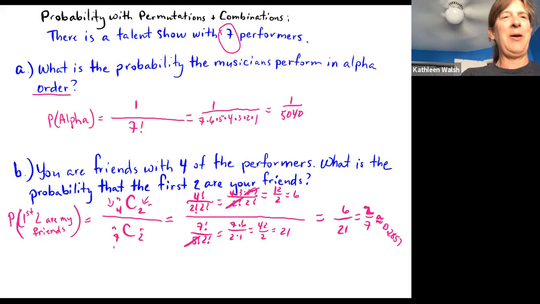And there we have it, okay? So there's a little bit more than a quarter, or 25%, probability that when you are friends with 4 of the performers, the first 2 would be your friends. So it would actually be about 28%.